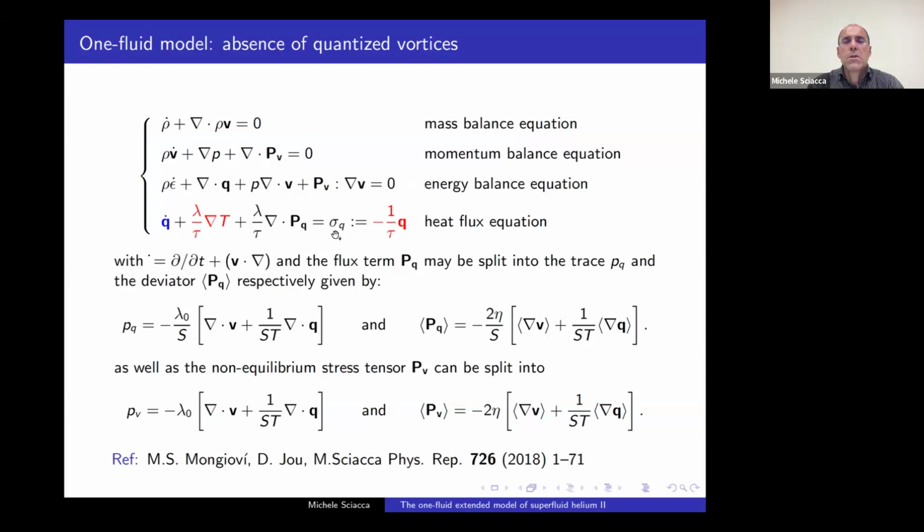And furthermore, the other thing is that sigma q is the production term. In this expression it is given simply by this term, which comes from the Fourier law, but different kinds of sigma q may be considered.